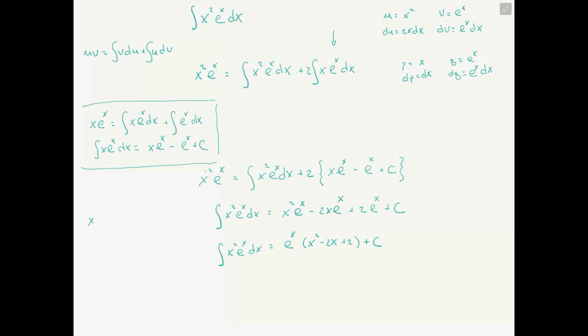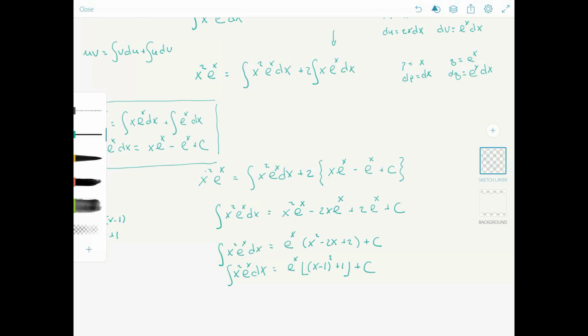So let's say x minus 1 times x minus 1, that's x squared minus 2x plus 1. So we have e to the x times (x minus 1) squared plus 1, plus c. And that's our final solution. So we have the integral of x squared e to the x dx, and that's our answer.